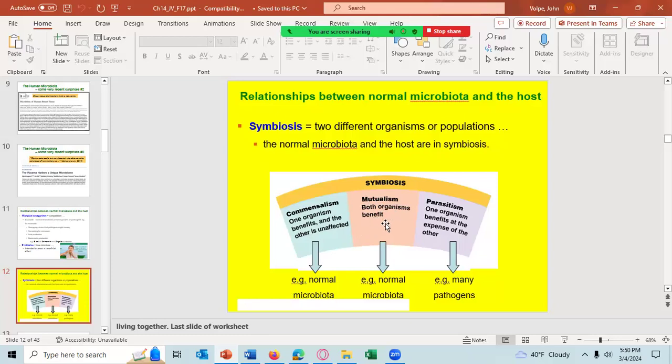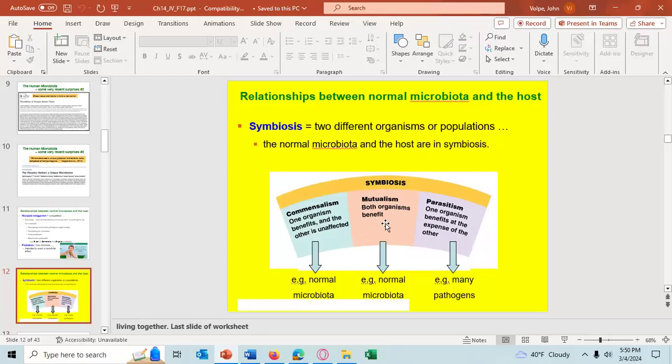Like E. coli in our gut benefits us because it helps us digest our food and then shares the food with us. We, of course, benefit because it's helping us digest the food, and then it benefits because it's given a home and it's given food by us.